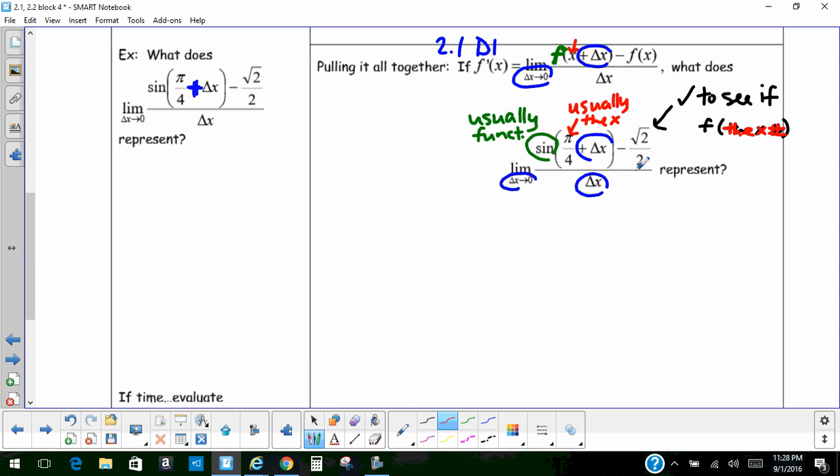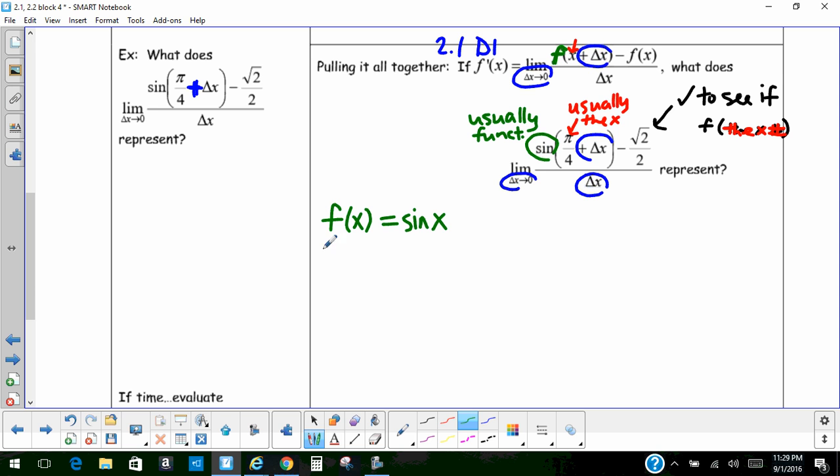Okay? At first, if you can just recognize the parallels, like, hey, this delta x going to 0, the delta x on the bottom, the something plus delta x, that should then trigger your mind to think about derivative, limit definition of derivative. And then now you have to try to match up all the things. So what I'm trying to tell you to look at here and consider, what if we consider the function f of x equals sine of x, because I see them talking about sine of something plus delta x.